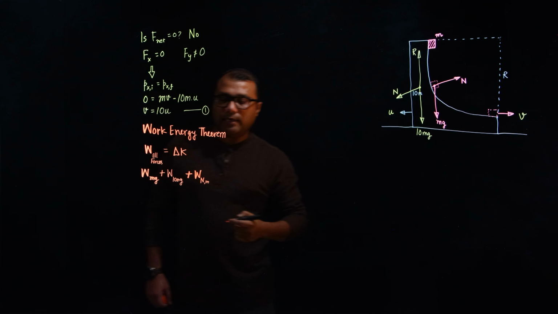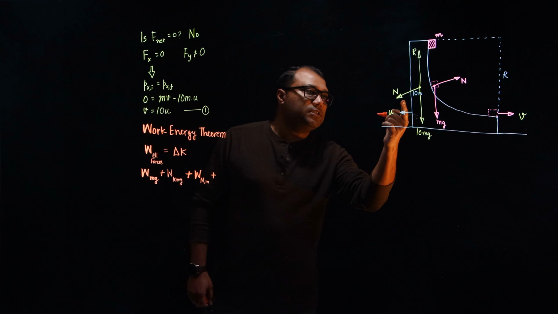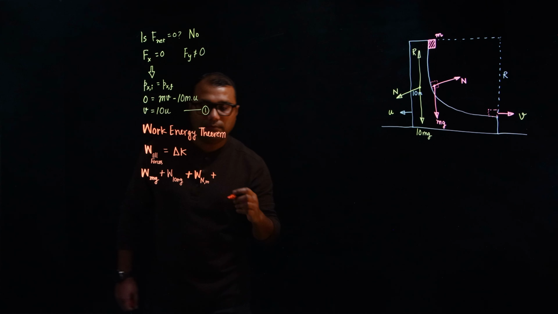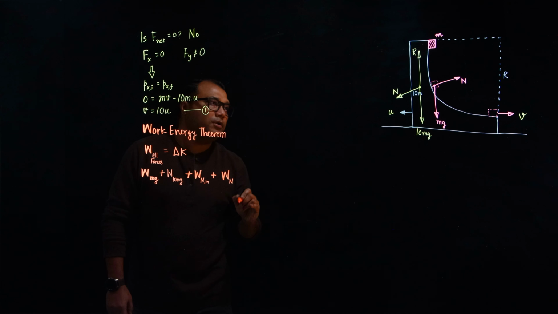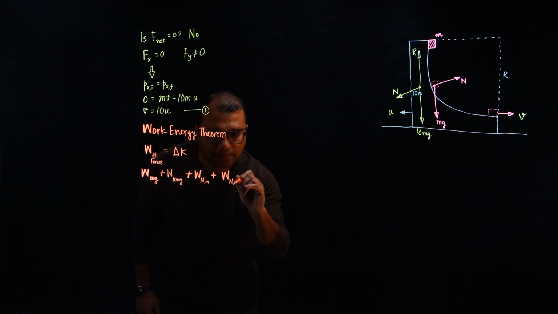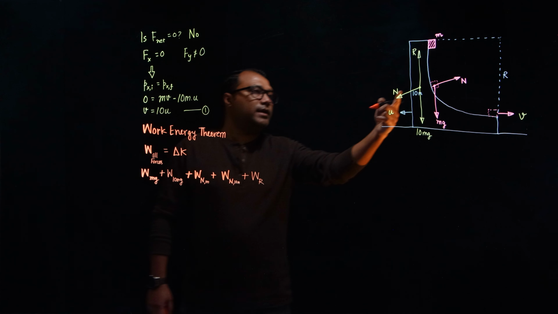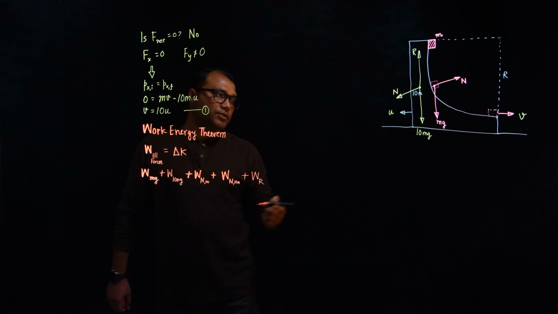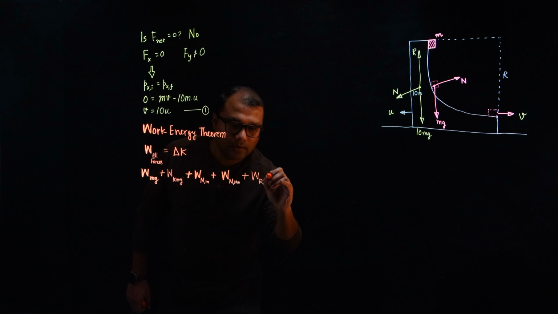What's the work done by this normal reaction? This normal reaction is different than this, okay? So we have to also look at the work done by normal reaction on 10m, plus work done by this reaction force R, which the ground is pushing on this 10m.